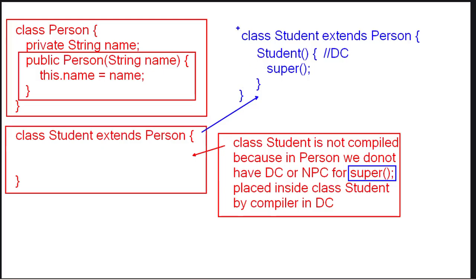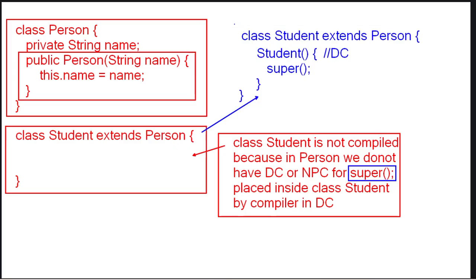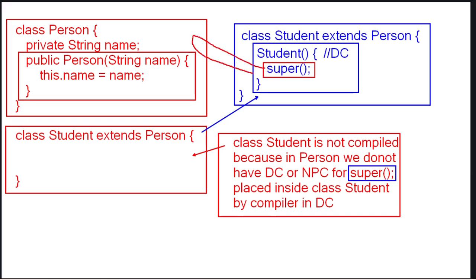This is the class generated by the compiler. Inside this class, because of this super call, and because the superclass has no no-param constructor, it comes back and throws an error here.